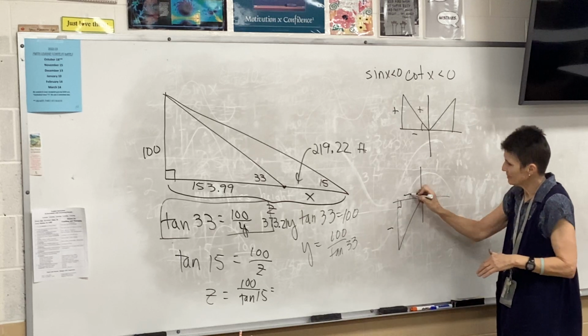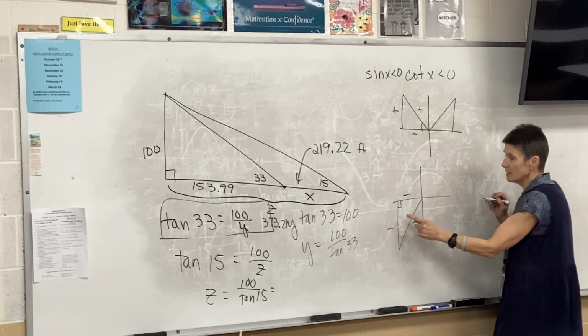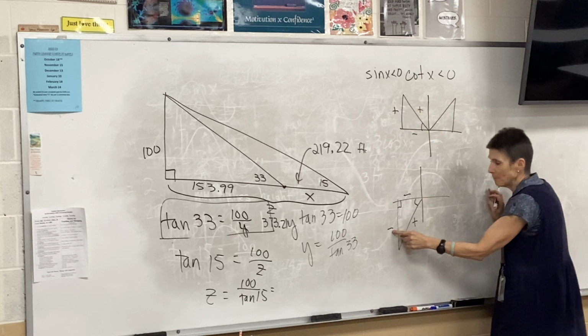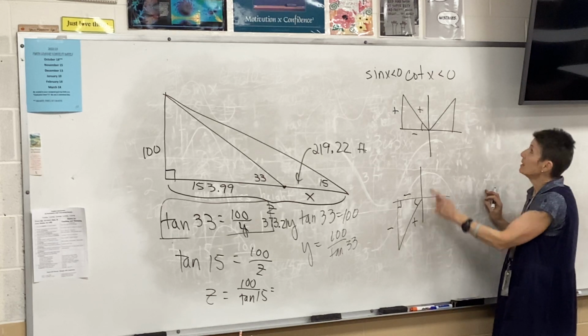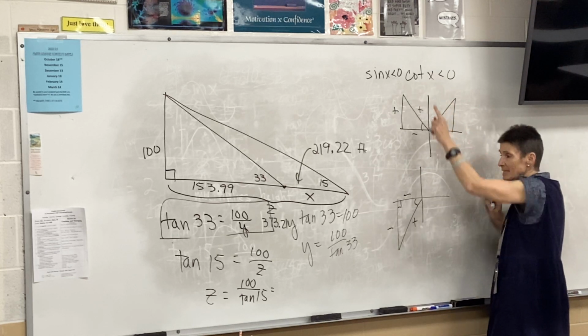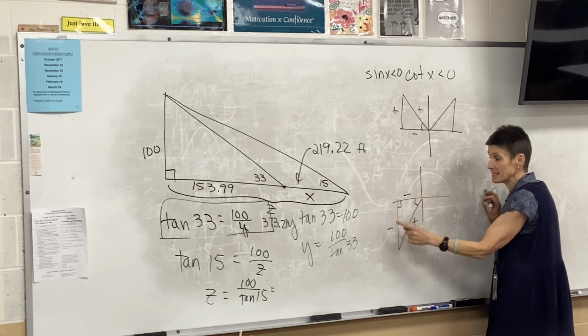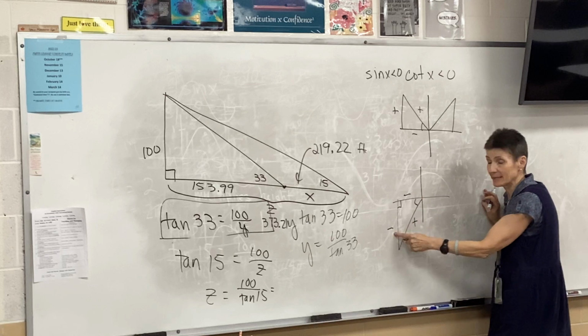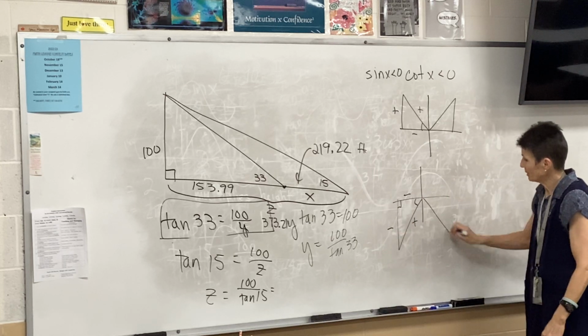All right, let's look at quadrant 3. So this is negative, that's positive. Now I need the sine to be negative. Here's my angle. Opposite over hypotenuse, is that negative? Yep. Adjacent over opposite, cotangent, is that negative? Nope, that's positive. So I guess I'm looking at quadrant 4.